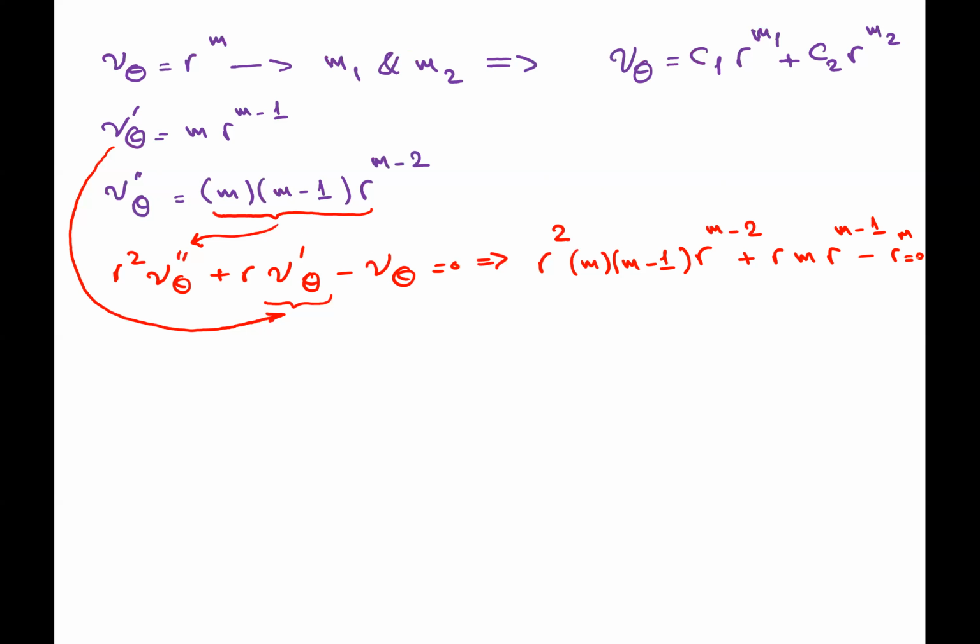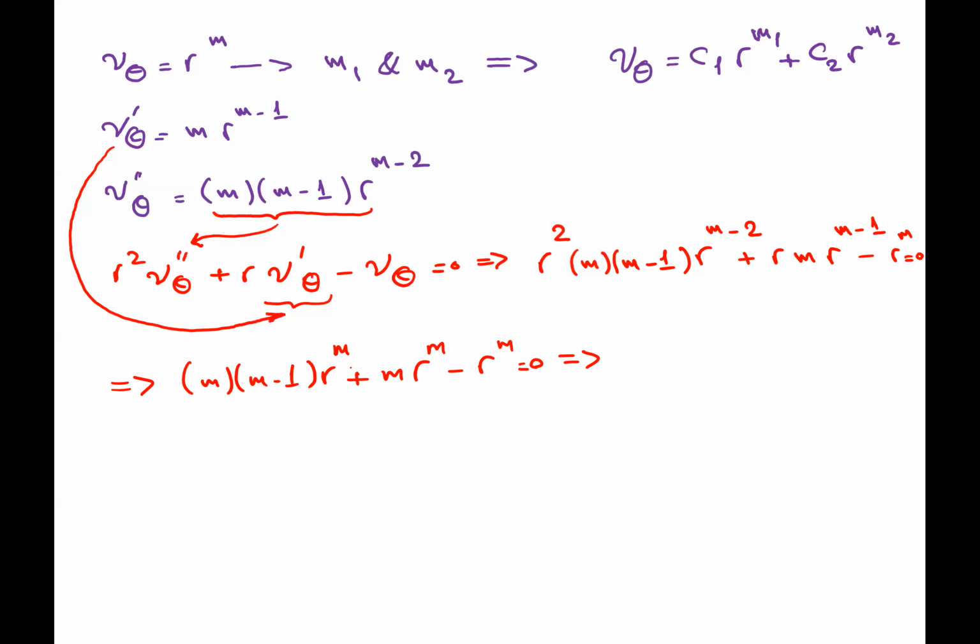Okay, so now we can simplify that as we have M times M minus 1 times r to the power of M, right? And then we also have M r to the power of M, minus r to the power of M equal to 0.